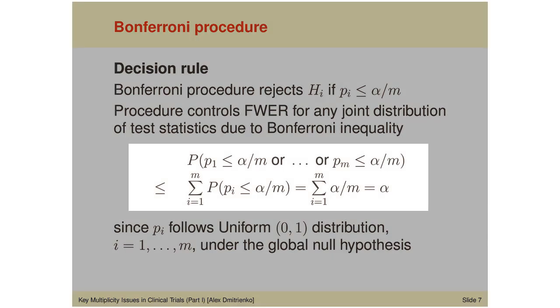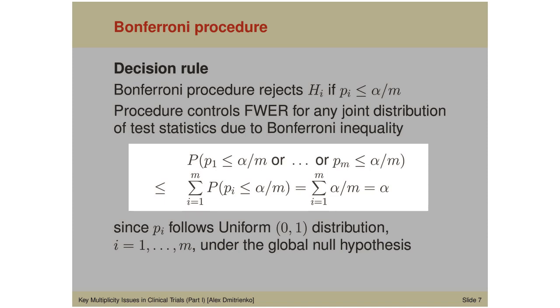As you can see on the slide, the Bonferroni inequality shows that the probability that at least one p-value is less than or equal to alpha divided by m, and this probability, by the way, is evaluated under the assumption that all of the null hypotheses are true, is bounded from above by alpha.